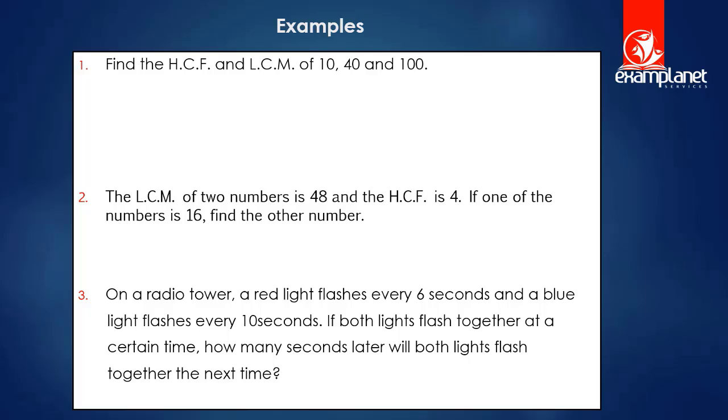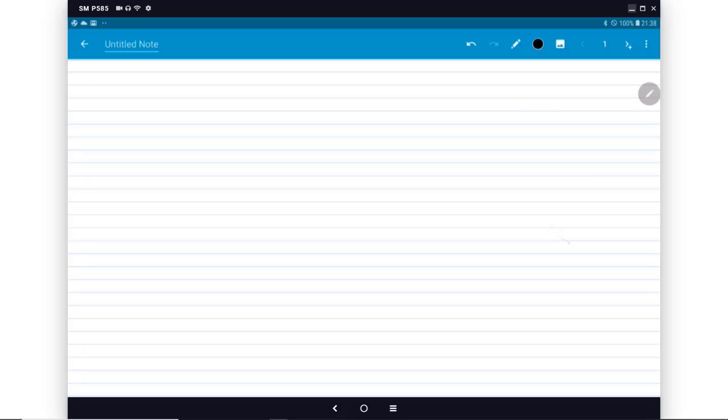Let's look at some examples here. So example 1 says, find the HCF and LCM of 10, 40, and 100. So let's look at using first the long division method first.